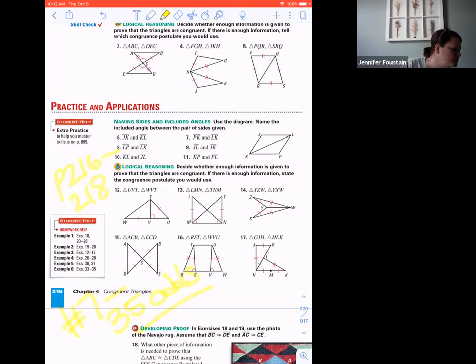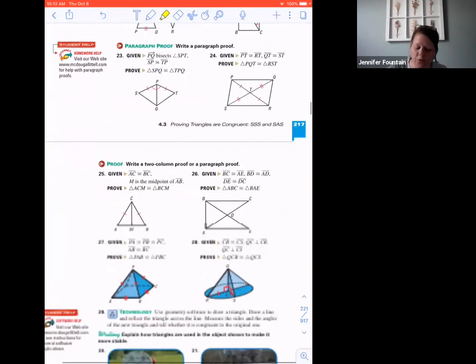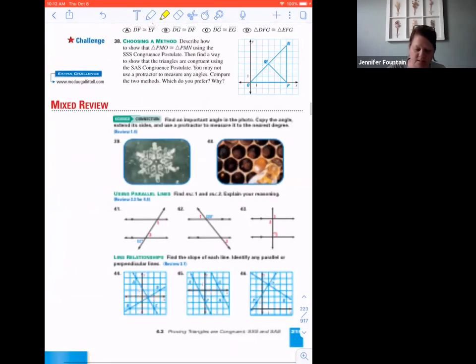Now, 25 and 27. Let's look at those for a minute. What I would like you to do on 25 and 27, since it says you're supposed to write a proof, let me go back and find them.